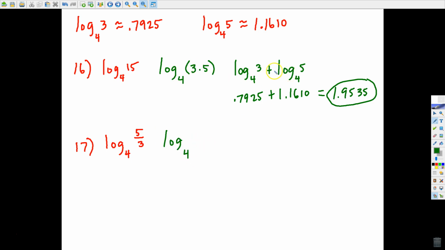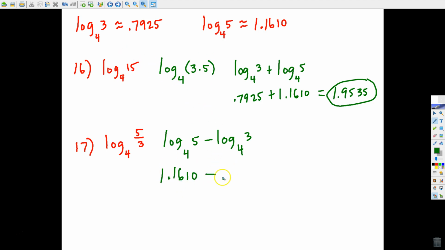So the product property involves the addition of two logs. The quotient property involves the subtraction of two logs. So I can write this using two separate logs, with the top number being subtracted by the bottom number. All right, so I use those same two values. Log base 4 of 5 is 1.1610.